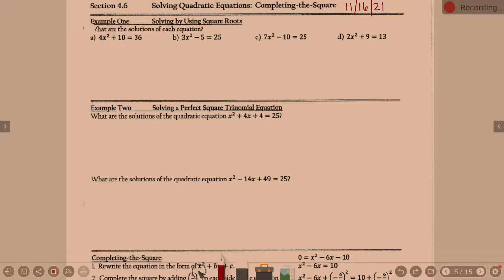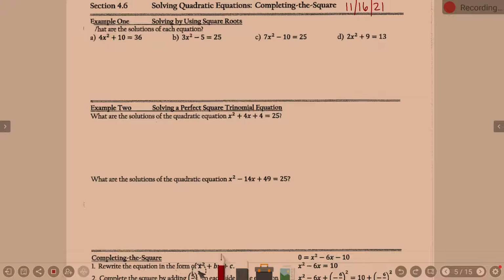We're going to now start learning some other methods. Lesson 4.6 is something called completing the square. Actually completing the square is down more at the bottom of the front page, where we'll start talking about that. We're going to do some lead-in before we actually start completing the square. But again, these are other ways to solve.